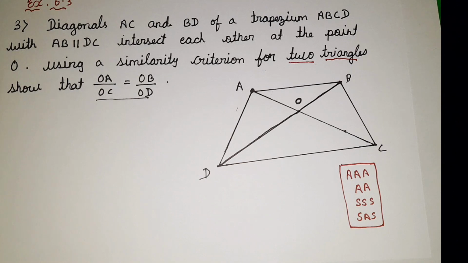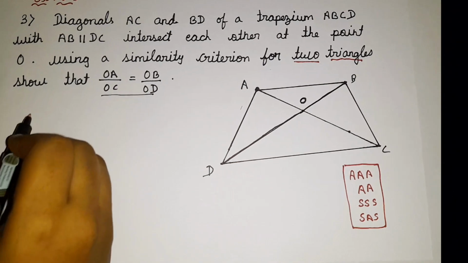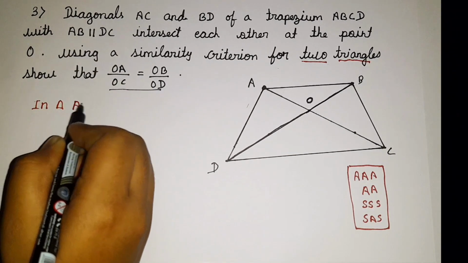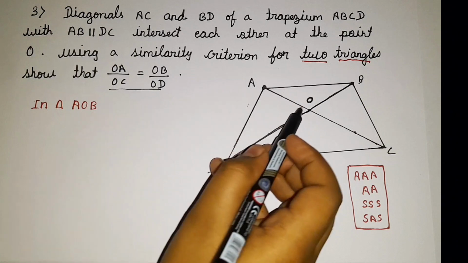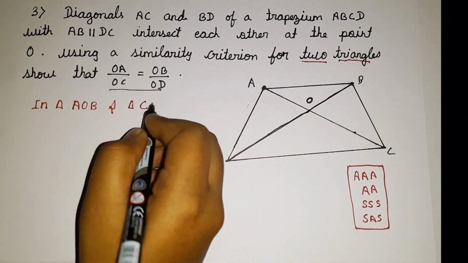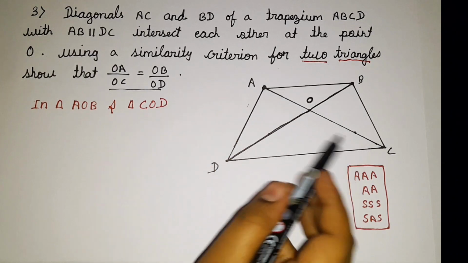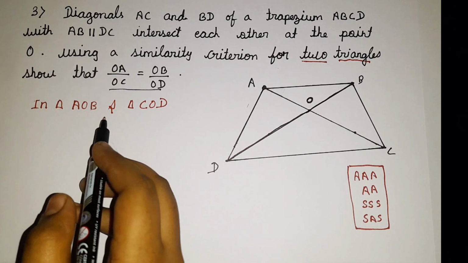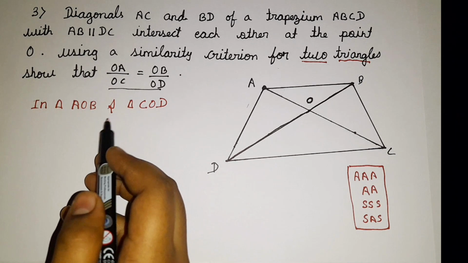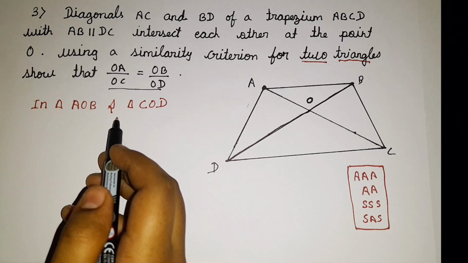Now let us write: in triangle AOB, that is this one, and triangle COD, where is triangle COD, in these two triangles we are supposed to check whether we have a few things.